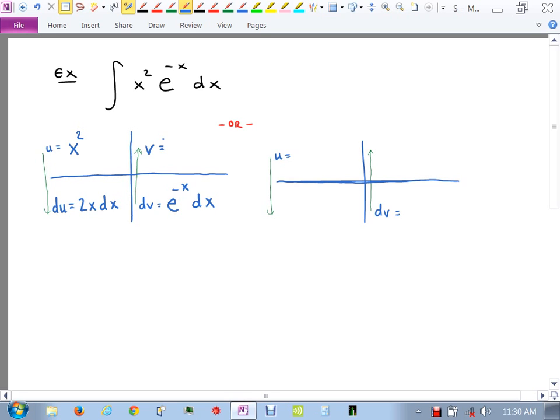So you see that this one little piece of the problem is something that we should have already resolved, like we should be comfortable with. And it's going to continue to be like that. These little integrations within our box here are going to require some knowledge of our basic integration techniques.